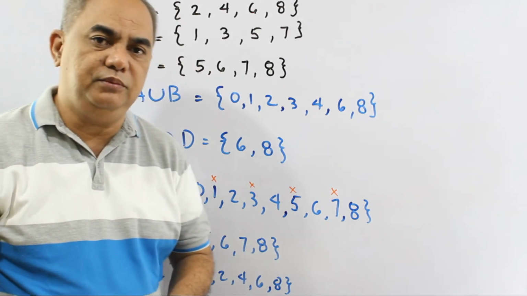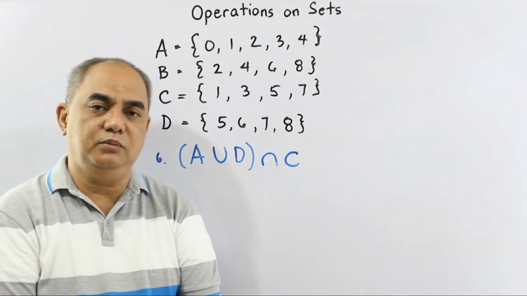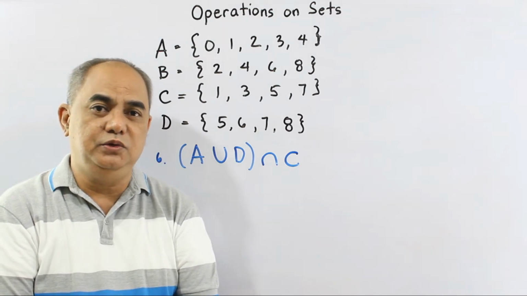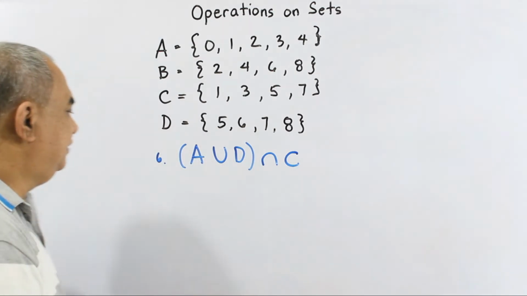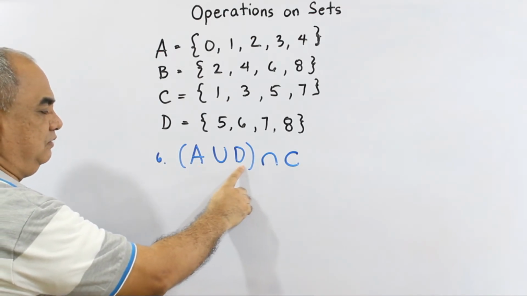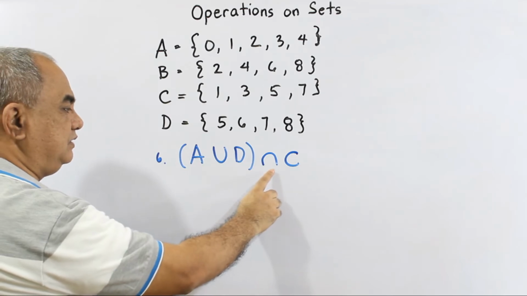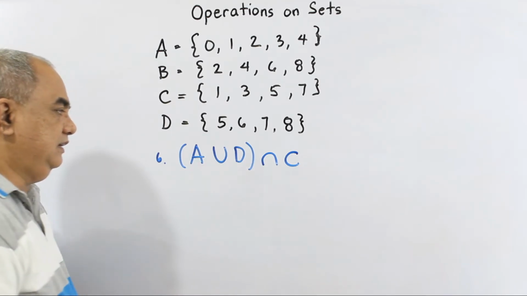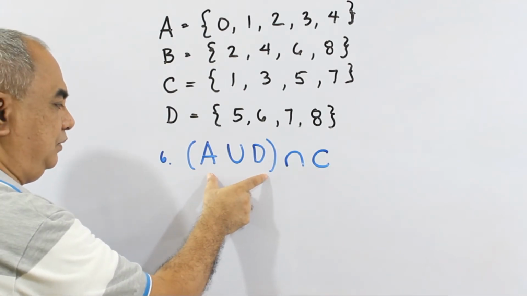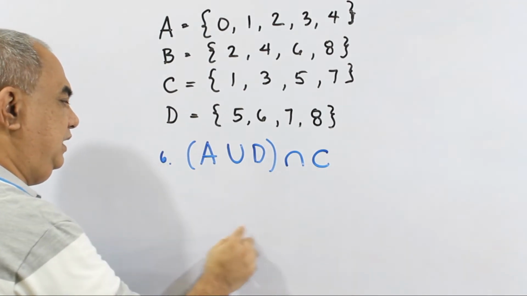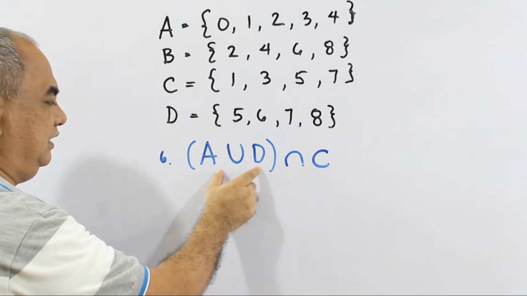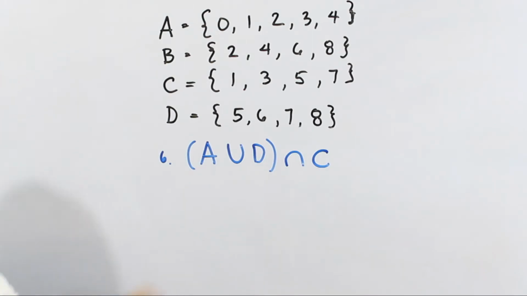And then we're going to have two more examples. This time we're going to have a combination of operations like union and intersection. For number 6, we have set A union with set D, and then we intersect it with set C. The idea here is first we have to answer this operation before we go on to this, meaning we're going to write here as scratch the answer for this operation.